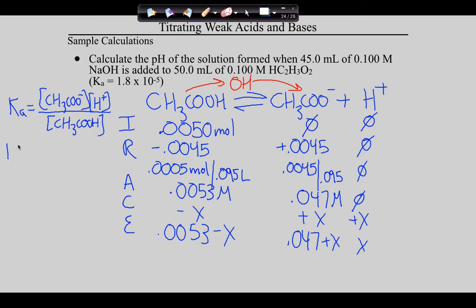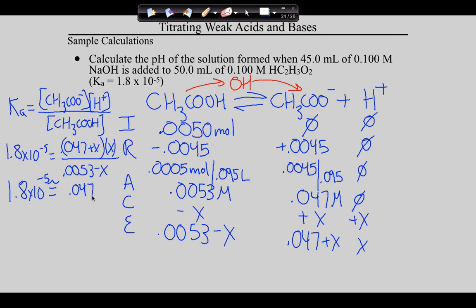Now I'm curious too. 1.8 times 10 to the negative fifth is equal to 0.047 plus x times x divided by 0.0053 minus x, then that's approximately equal to 0.047 x divided by 0.0053.